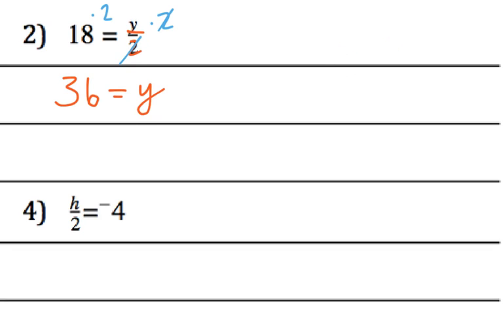Let me explain why I wanted to say optionally. In these single-step problems, you can jump to slinging this y to the left side because it's more common to say y equals something than it is to say 36 equals y. So here's y equals 36, and I'm boxing it.